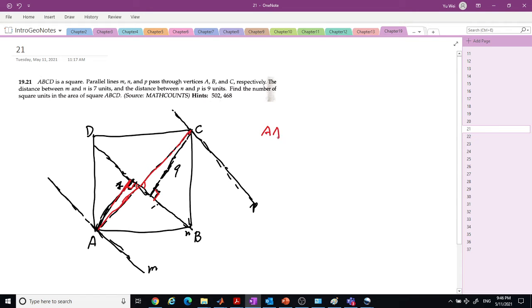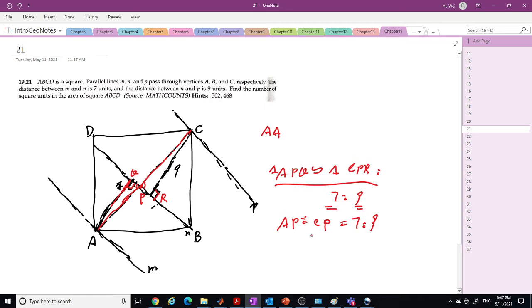So according to AA, this is P, this is Q, this is R. We have APQ is similar to triangle CPR, and the similarity ratio is 7 to 9, right? Then we know AP over CP is also 7 to 9.